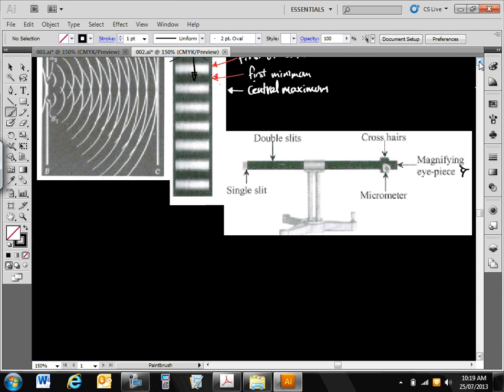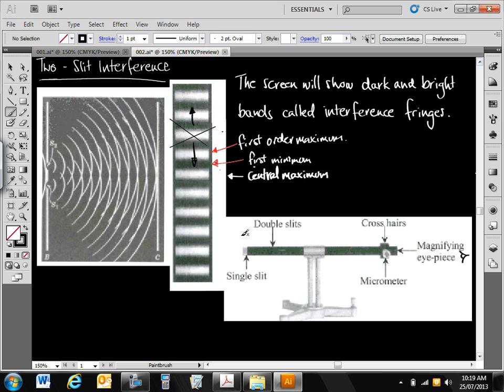Did I mention last lesson also that the center of the bright band is maximum intensity, where the most constructive interference is occurring, maximum constructive interference. And the center of the dark band is where maximum destructive interference occurs. So essentially we've got our brightest here, and we have no light right in the center here.